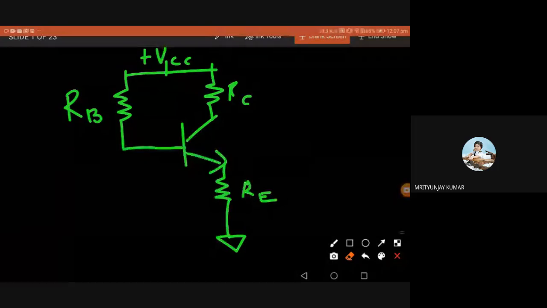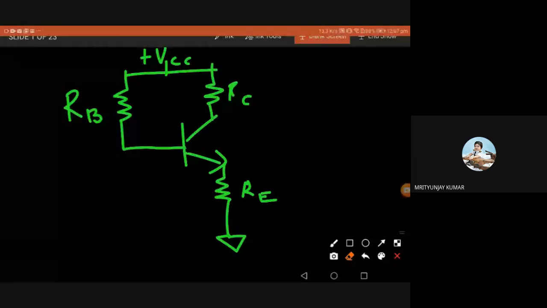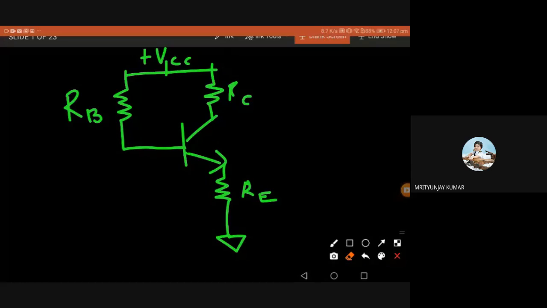If my output is given back to input for some stabilizing or some kind of monitoring mechanism, that is the concept of feedback. We're giving some part of the output back to input for maybe stabilizing, error monitoring, error reduction, gain stabilization, or any other reason. That is called feedback.